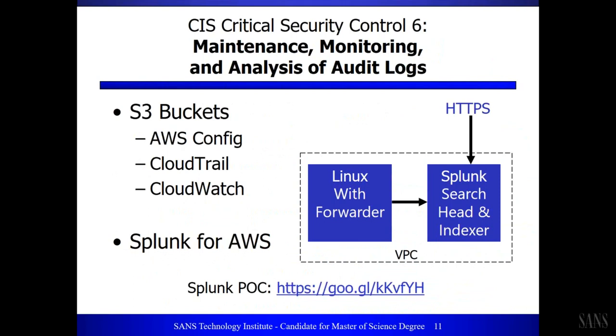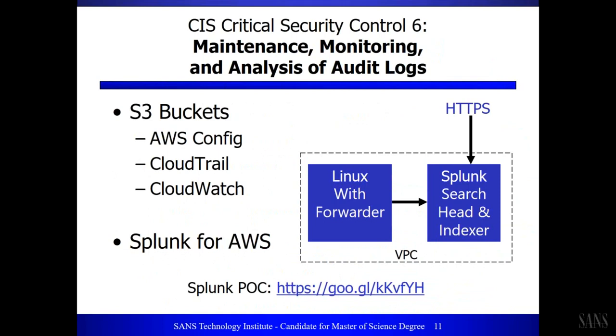I like to use Splunk for a variety of ad hoc analysis. And even though Splunk can be very expensive in the enterprise, it has a free license if you stay under 500 megabytes per day. And the great thing about the cloud is that you can, when using a script like mine, spin up a Splunk instance to do the analysis and then tear it down multiple times per day.